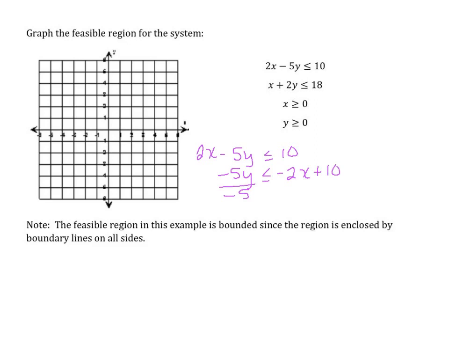And then divide by negative 5. So y, we divided by negative 5, so we need to flip our sign. y is greater than or equal to positive 2/5 x minus 2. So we will start at negative 2, and we will go up 2 over 5. So 1, 2, 1, 2, 3, 4, 5.